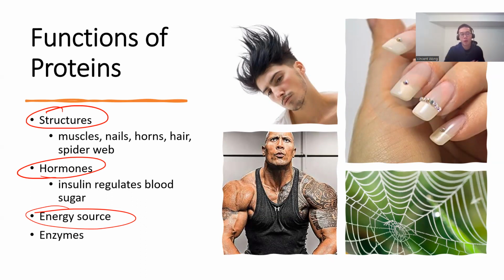If you're out of carbohydrates, then you burn fat and protein as backup resources. Proteins are also important because they form something called enzymes. I will explain what that is in the next slide. Next slide.